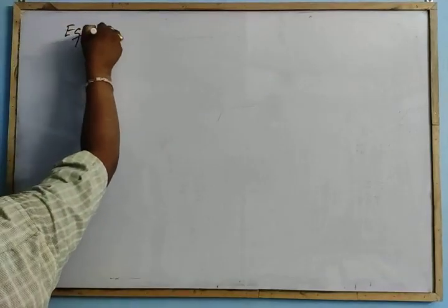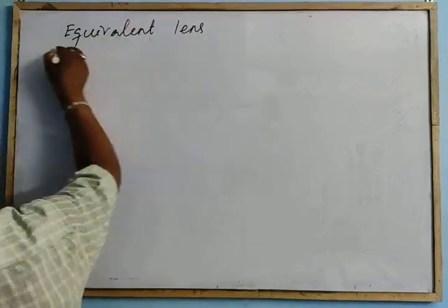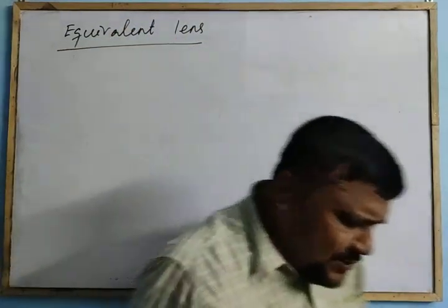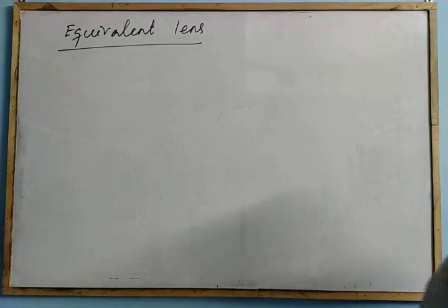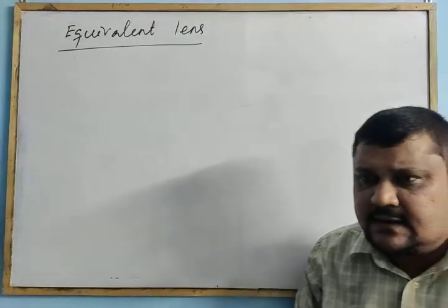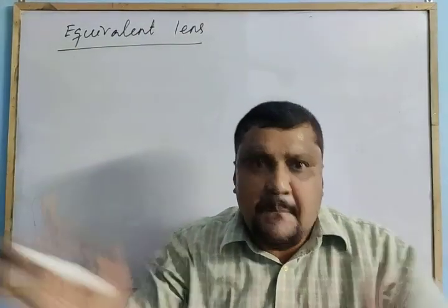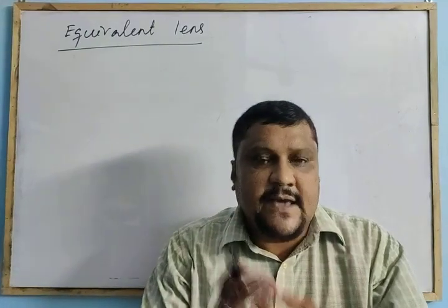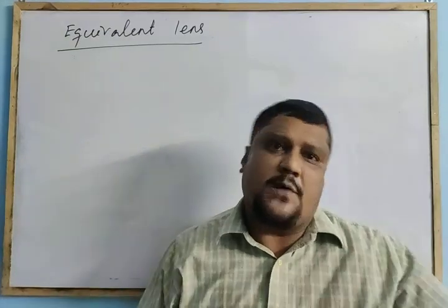So what is an equivalent lens? Suppose we have a number of lenses combined together that give us a final image at a point due to an object.